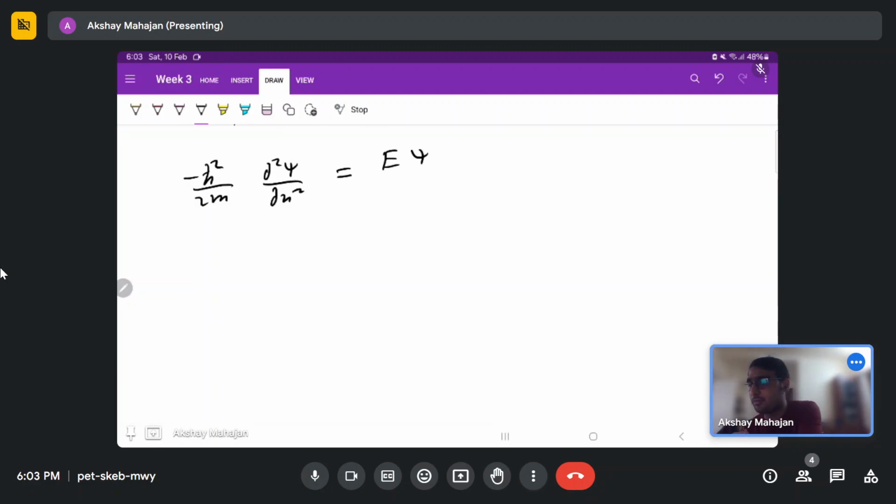Then I'm just quickly going to derive this once. I'm not sure if it is derived in the lectures for the particle in a box.